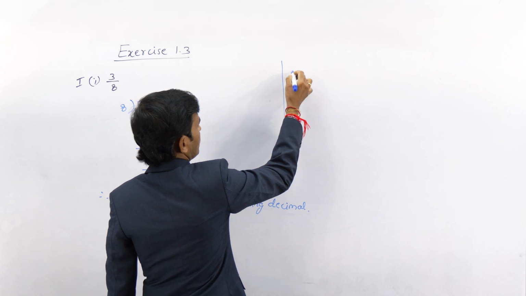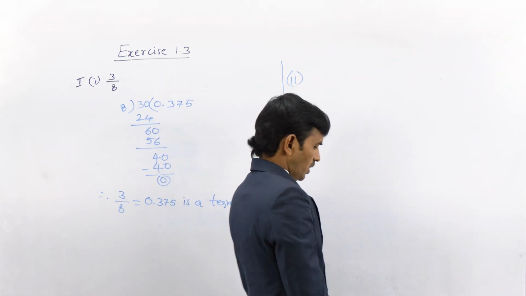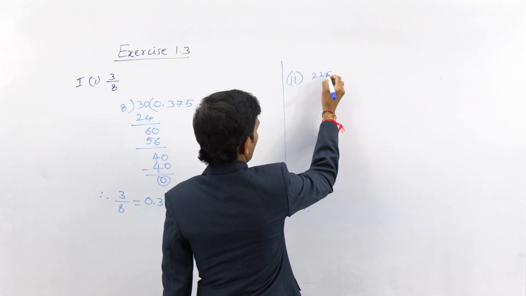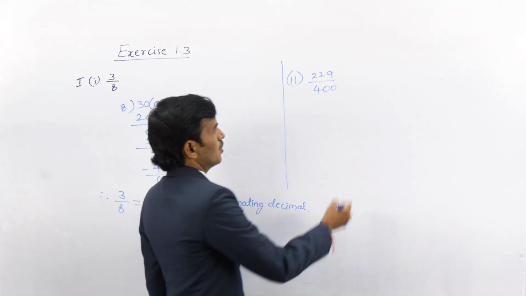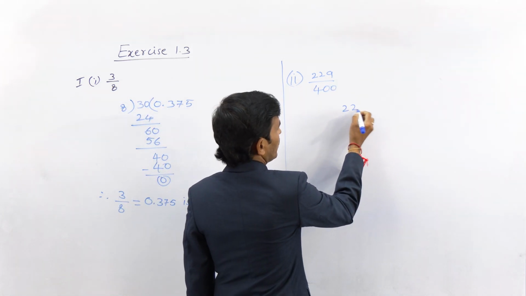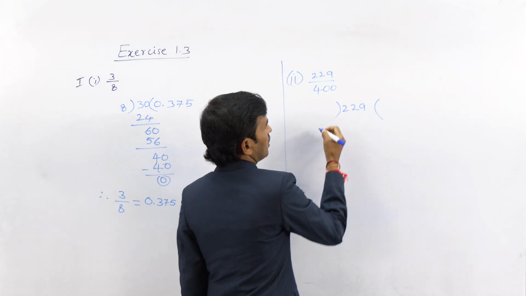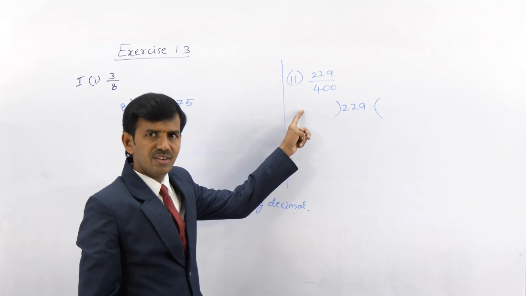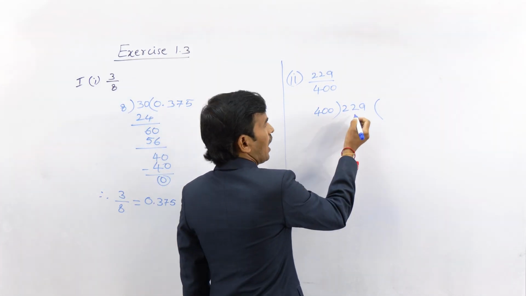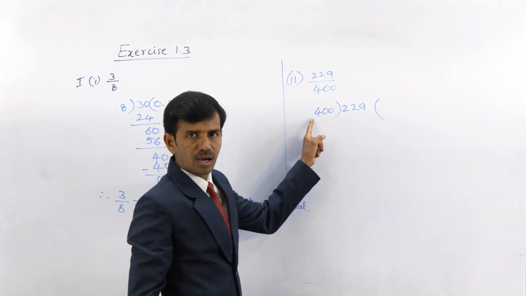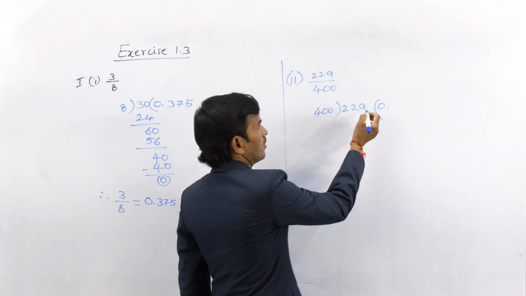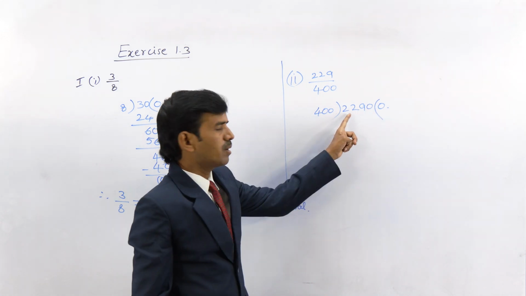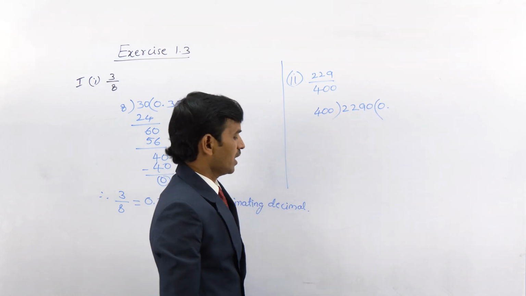Now let us do the second one. 229 by 400. In this, 229 is the numerator, which is going to be divided by 400. As the numerator is less than the denominator, we can take a decimal point and put 0 here, which becomes 2290.